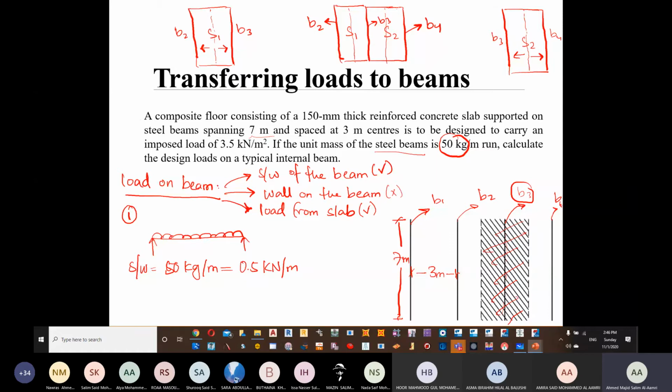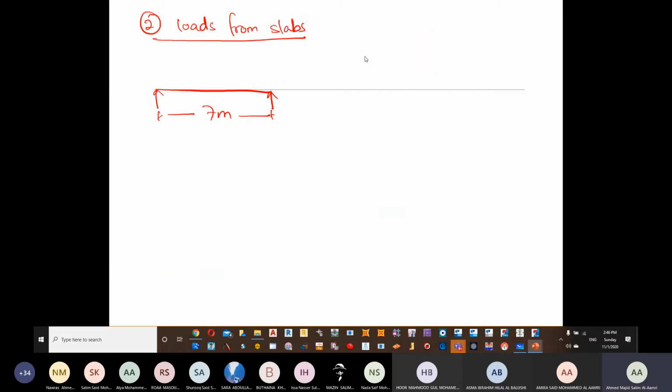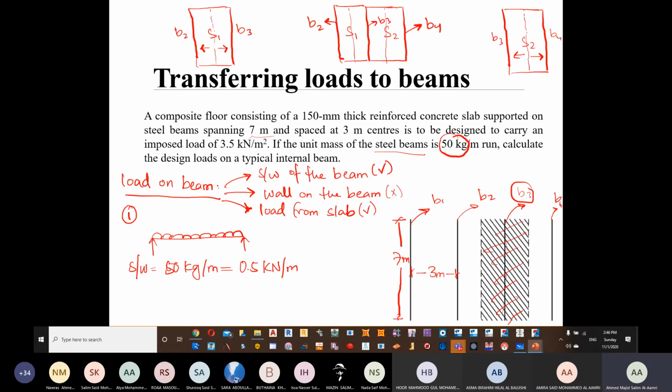So now we know that the intensity of the loading, or the height of the intensity, is Lx over 2.